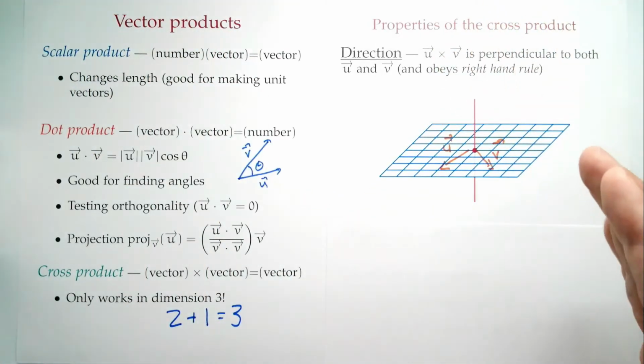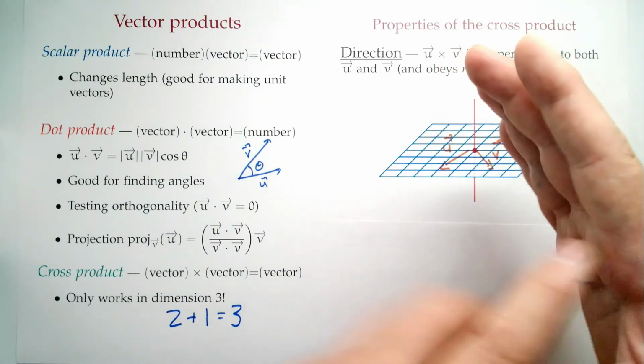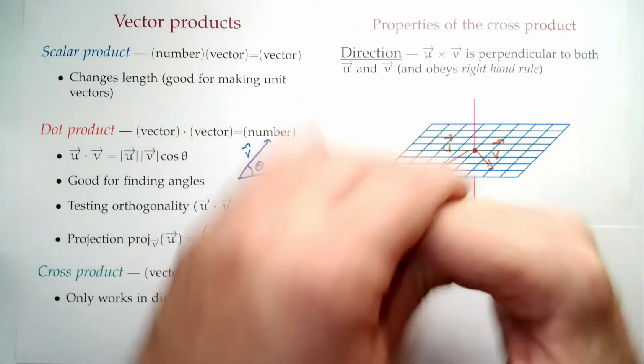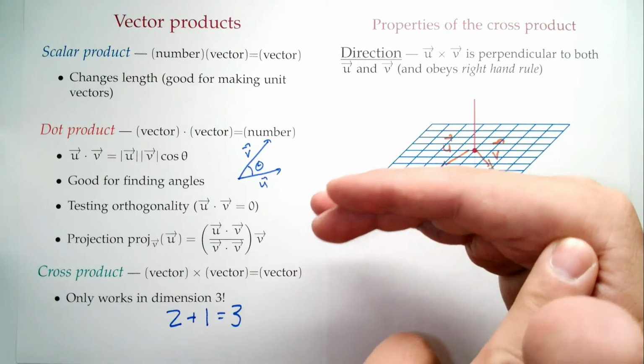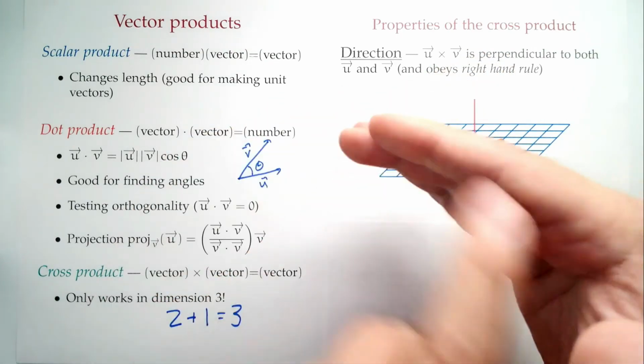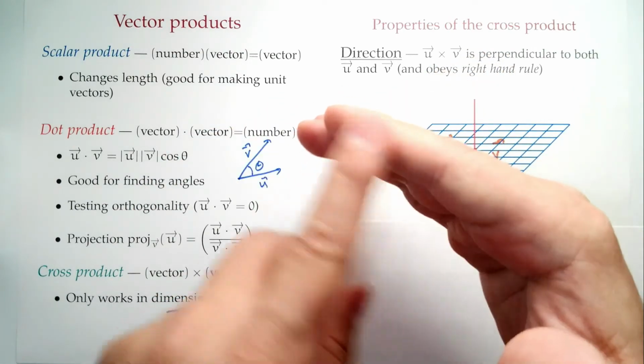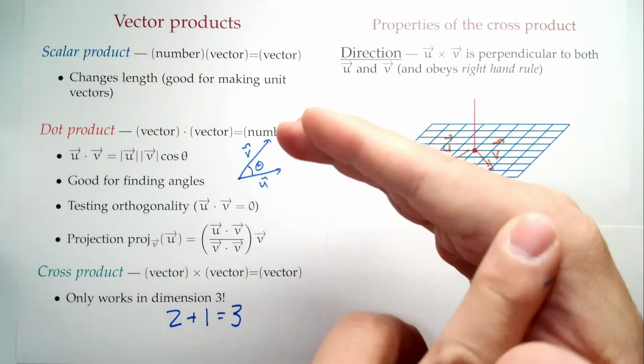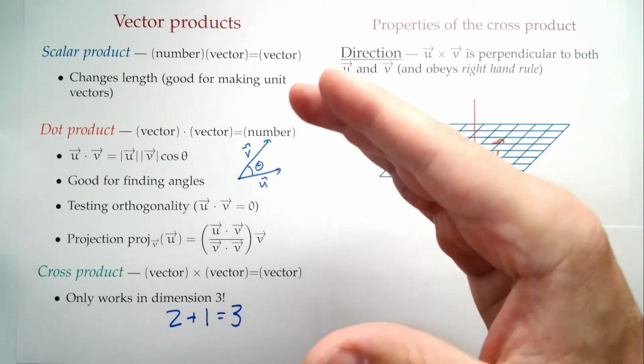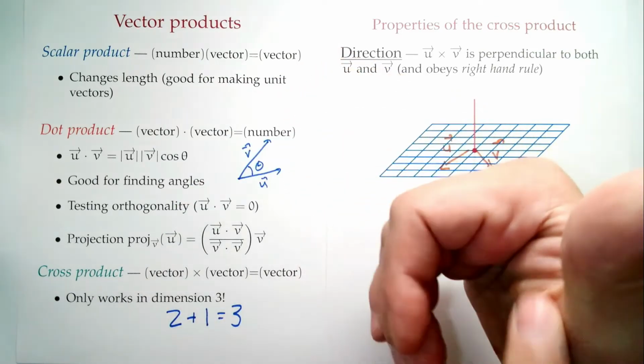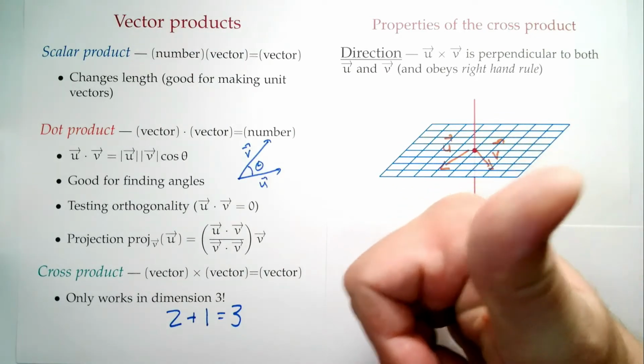So how does it work? You notice that your hand has this sort of bendy, hingy part right here. And that bendy, hingy part is going to be helpful. So you're going to put u on your fingers. You're going to put v on the palm. And then the thumb points in a certain way, and it points up.